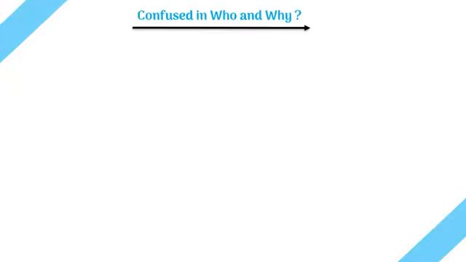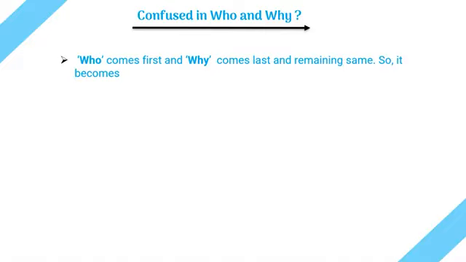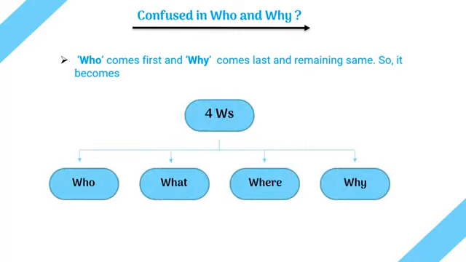So here if we take the alphabetical manner, then O comes before Y. So who will be at first and we will keep why at the last. And we already know about what and where. So it will be who, what, where and why. So far so good.